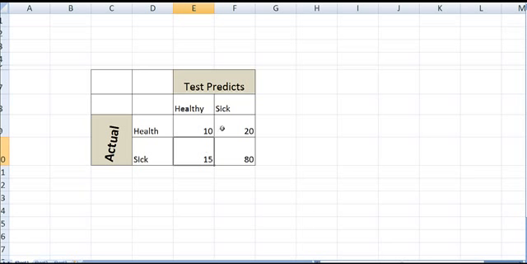Okay, so which one of these four blocks is the most consequential? Or I should ask, which of the errors here, and there were actually only two errors here, this one and this one, which one is more consequential? Which one is more important?